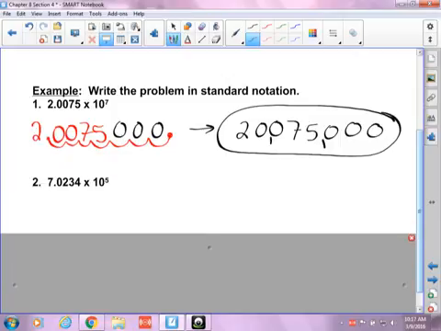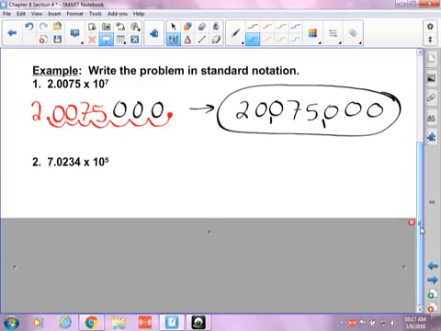Okay, let's keep going. So my exponent is a 5, so I'm going to go to the left or the right? I'm going to go right because I'm going to make it bigger. Right? So I'm going to write this down. 1, 2, 3, 4, 5. Now what? Add a 0.